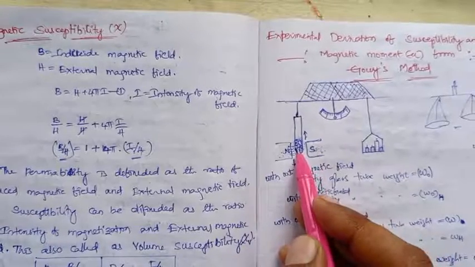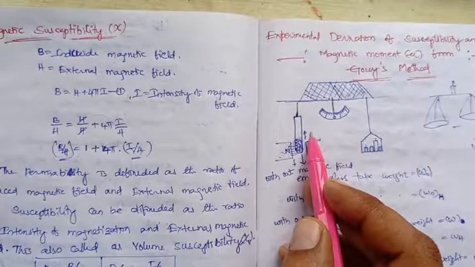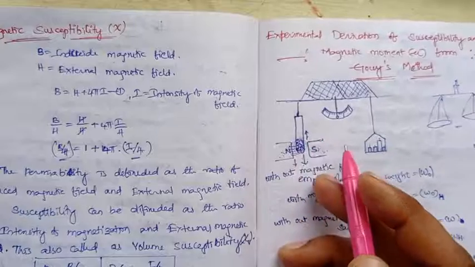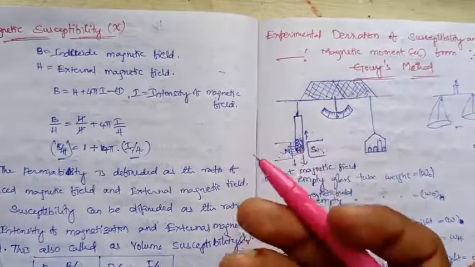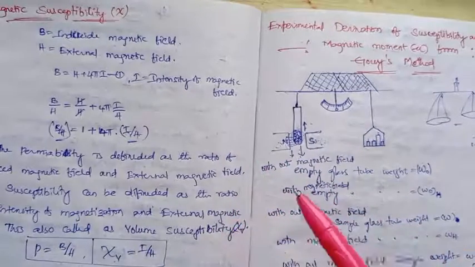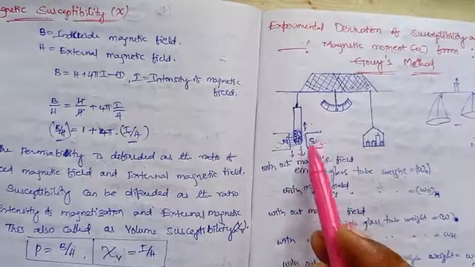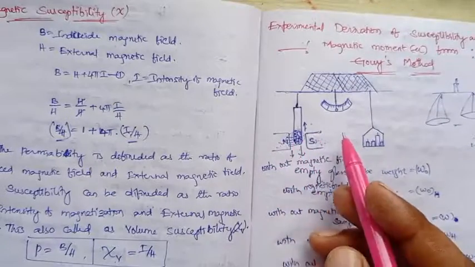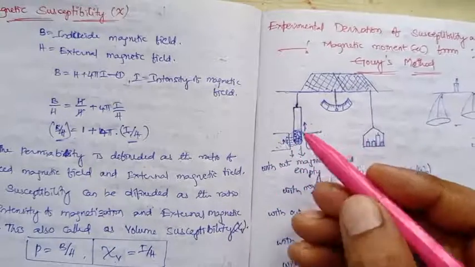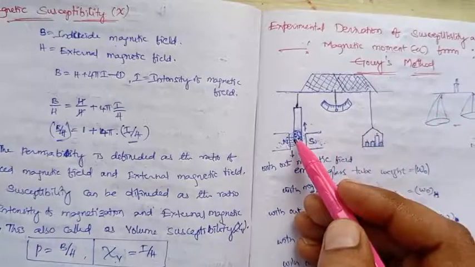If it is a diamagnetic substance, it loses a certain amount of weight, and if it is a paramagnetic substance, it gains weight. Whatever the amount of force generated by the external magnetic field, the weight gain or loss of the sample takes place accordingly.